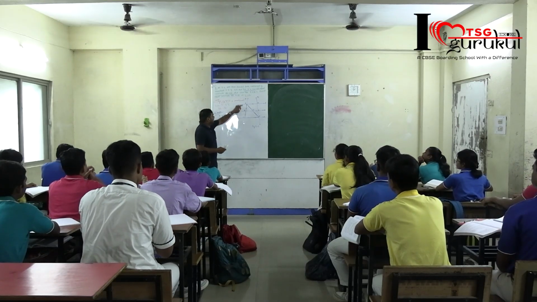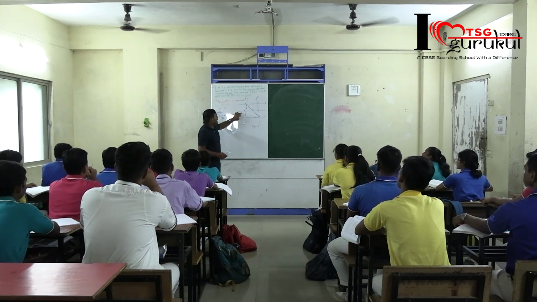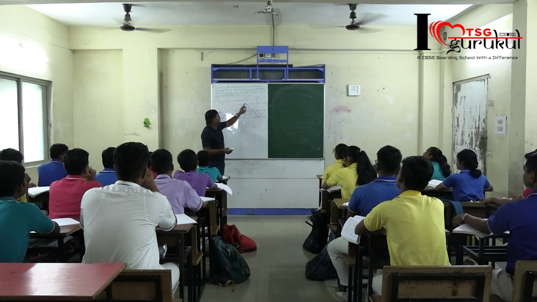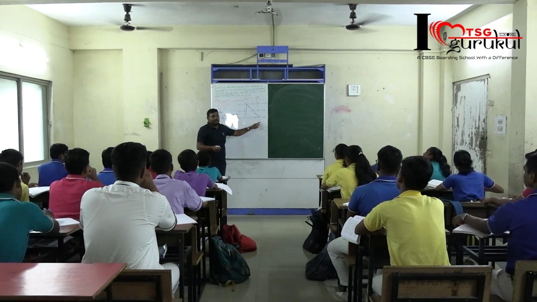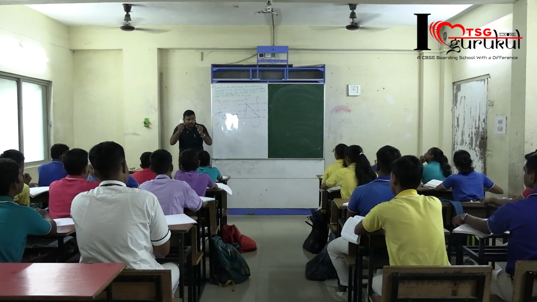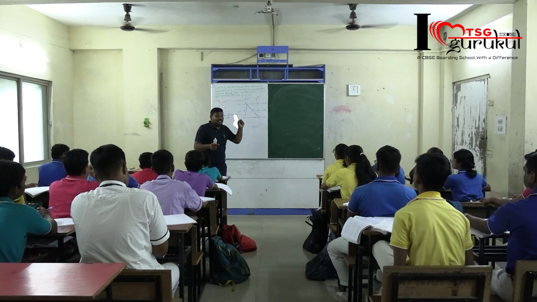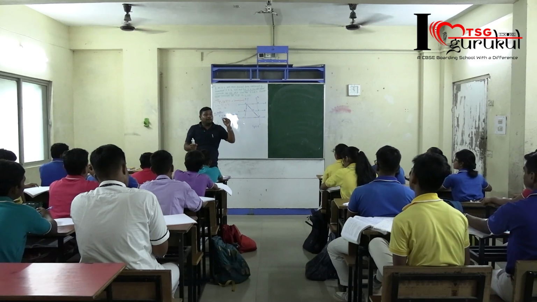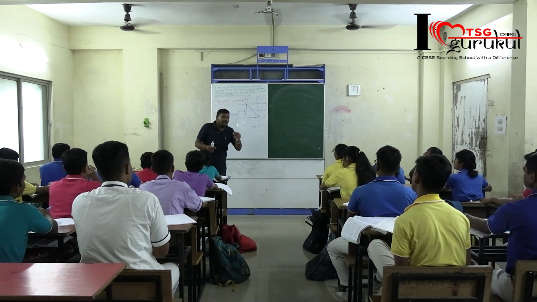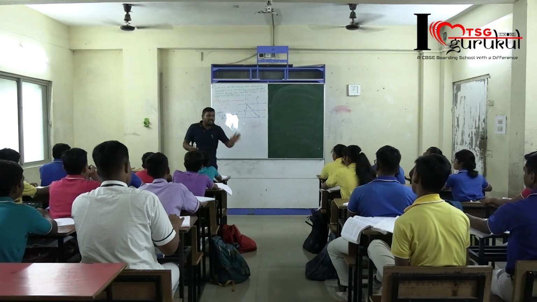So in triangle ACF, if B is the midpoint of AC and BG is parallel to CF, then G is also the midpoint of AF, that means AG equals GF. Why? According to theorem 8.9, the line drawn through the midpoint of one side of a triangle, parallel to another side, bisects the third side.